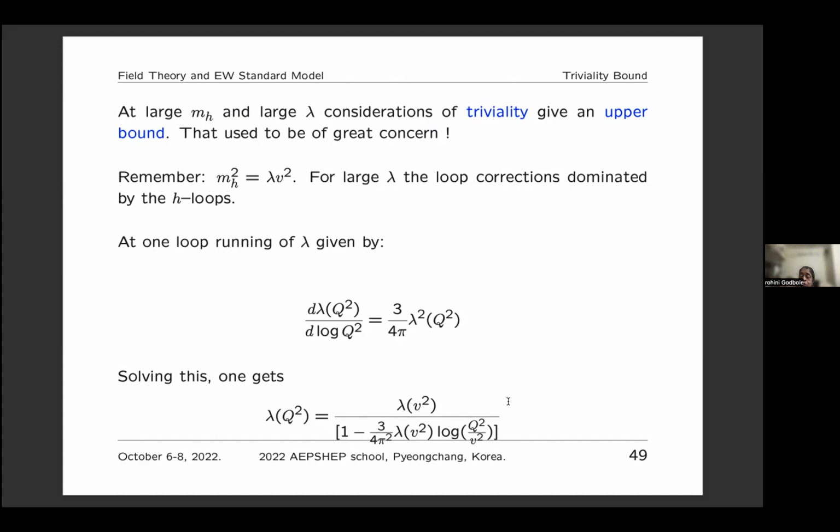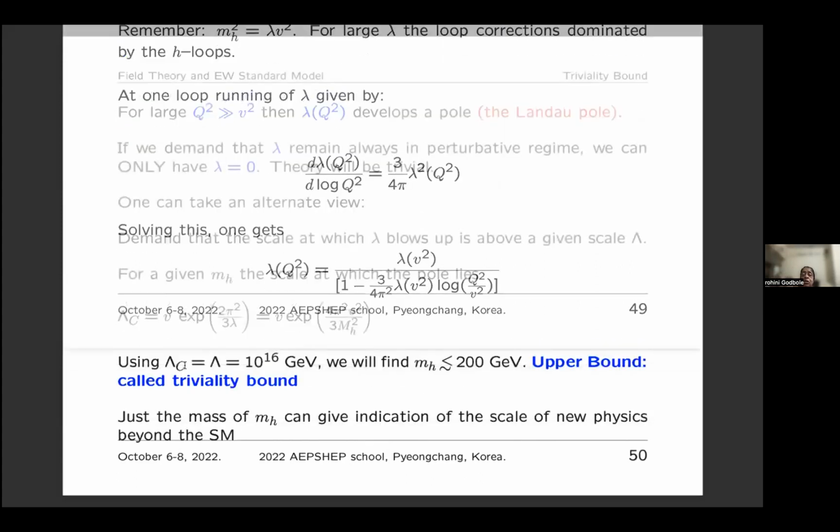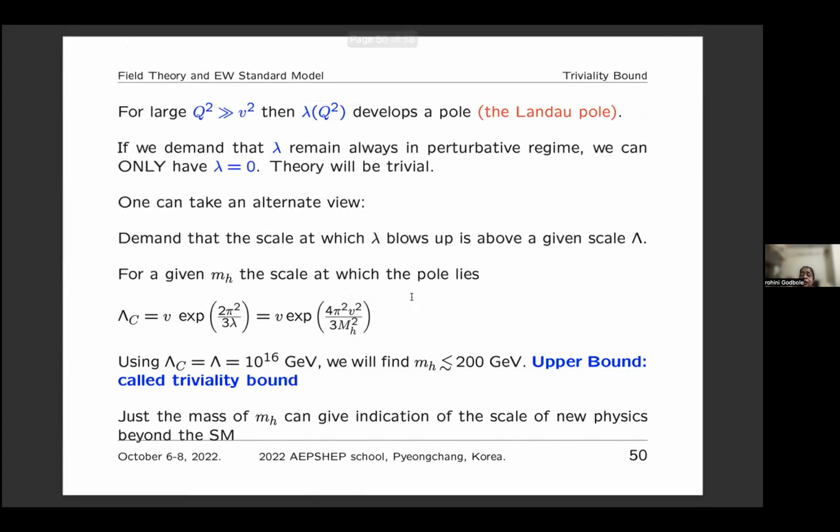So you ask the question and you demand that this scale at which lambda will blow up, instead of lambda becoming negative, lambda should not blow up. So you ask that up to a given scale, capital Lambda_C, lambda of Q squared should not develop a pole up to that Lambda_C.